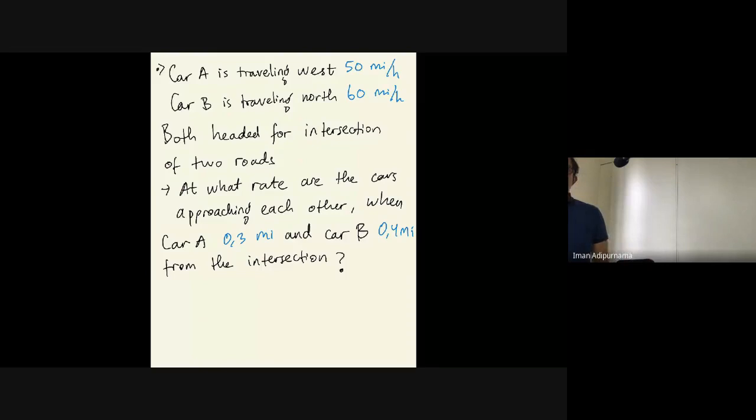This is an example of related rates. You have a problem: car A and car B are both traveling. A is traveling west with some velocity, B is traveling north, and both will meet at the intersection.